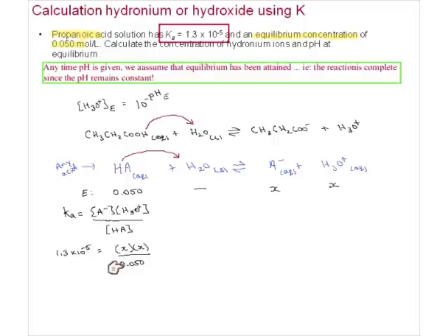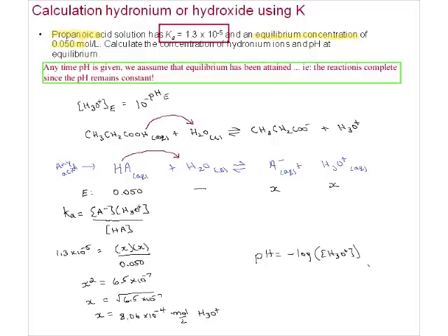So I'm simply going to do this calculation here, cross multiply: X squared equals 6.5 times 10 to the minus 7. Now I'm going to take the square root of that, and it works out to be 8.06 times 10 to the minus 4 moles per liter. Now, again, estimate what the pH is going to be here. This is hydronium, so the pH should be somewhere between 3 and 4. We do our calculation.